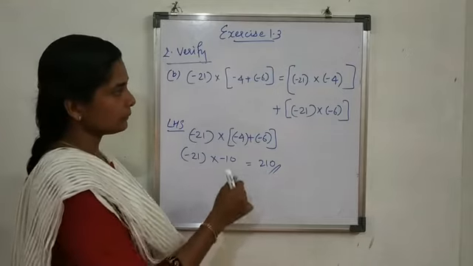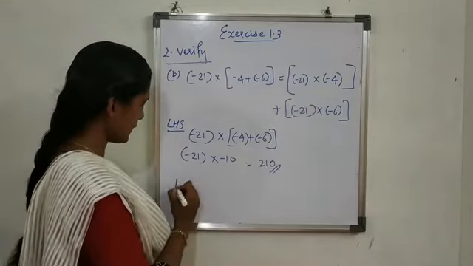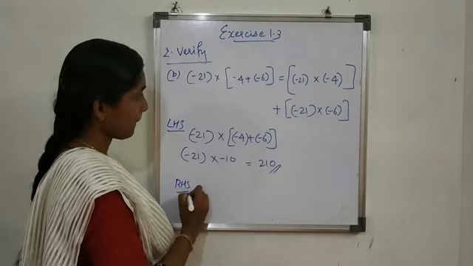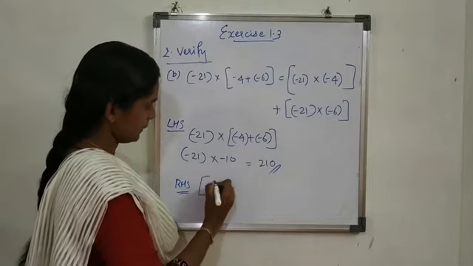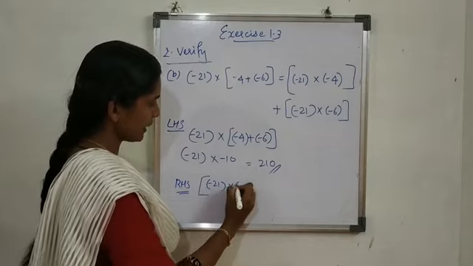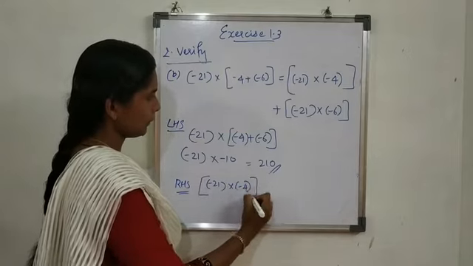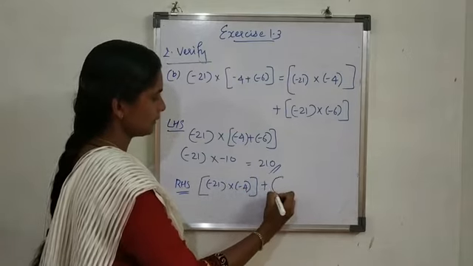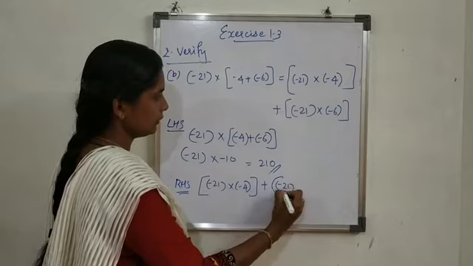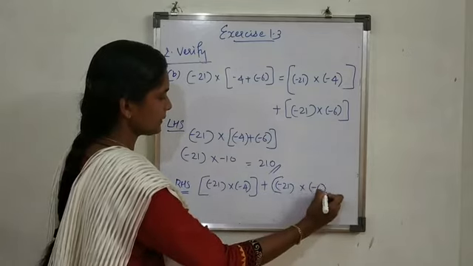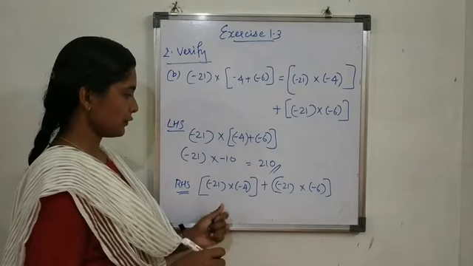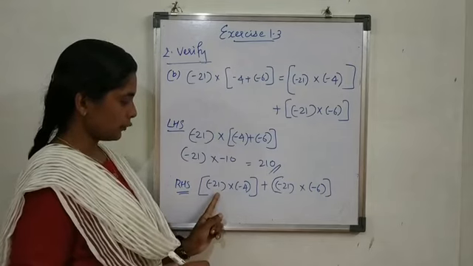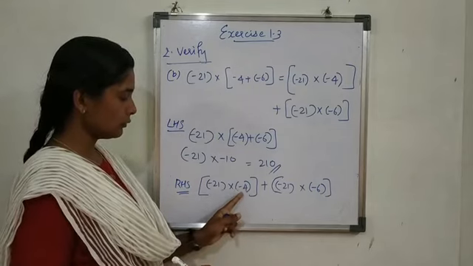The next one, right side. Minus 21 into minus 4 plus minus 21 into minus 6. First solve minus 21 into minus 4.